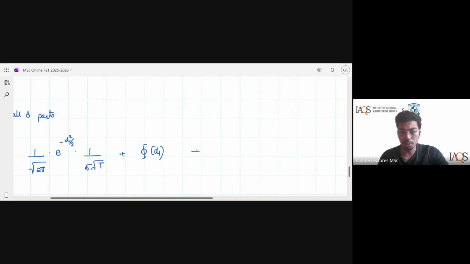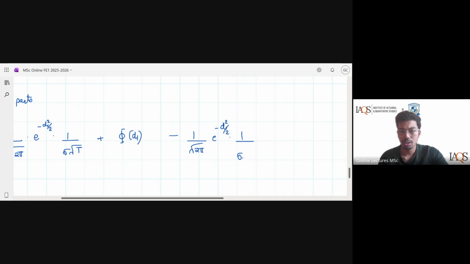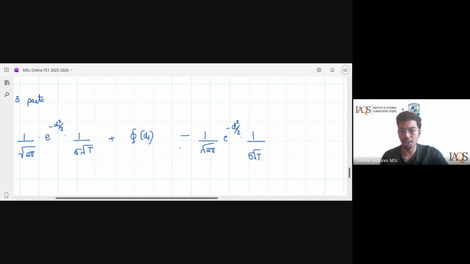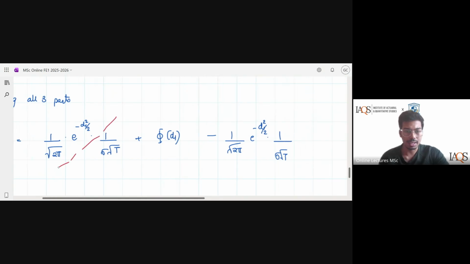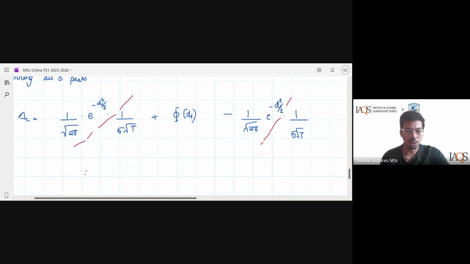I write my third part, which is 1 upon root 2 pi e raised to minus d1 square by 2 into 1 upon sigma root T. If you see now closely, this is positive, this is negative. This entire term will get cancelled, leaving you with only delta of a call option is equal to phi of d1.